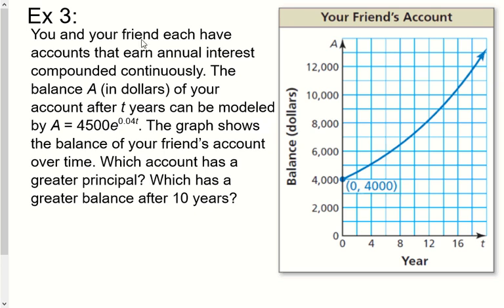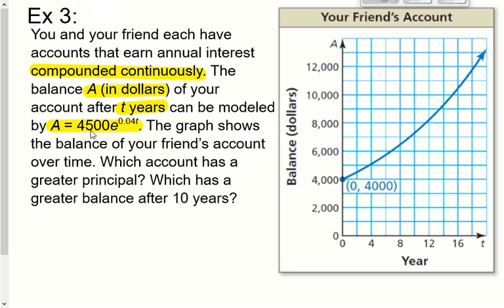So we have you and your friend, and yes, guys, please write all of this down. You and your friend each have accounts to earn annual interest compounded continuously. So that's a key thing right there, compounded continuously. The balance A in dollars of your account after T years can be modeled by this function.